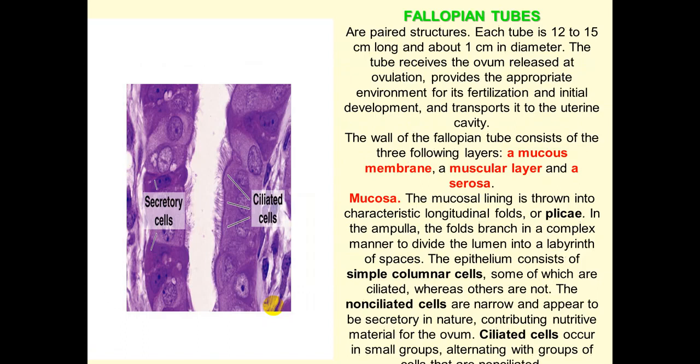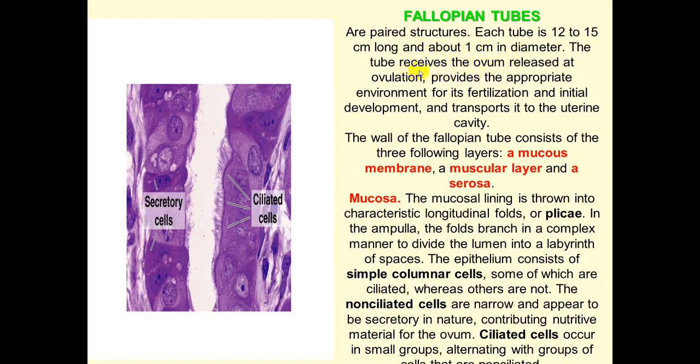Now about the fallopian tubes. Fallopian tubes are paired structures. They are really tubes, 12 to 15 centimeters long in woman and about 1 centimeter in diameter.